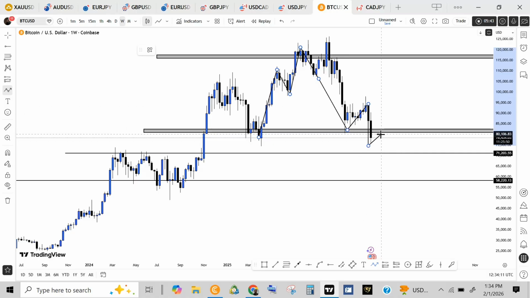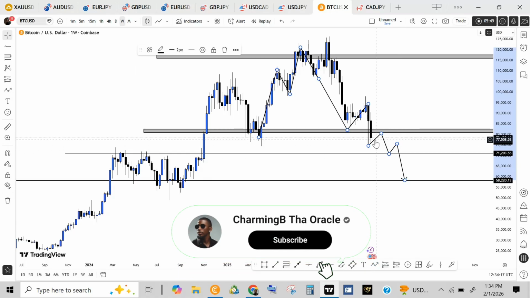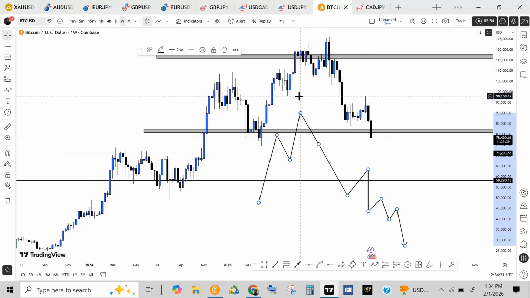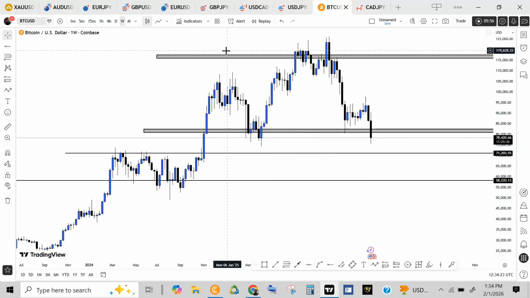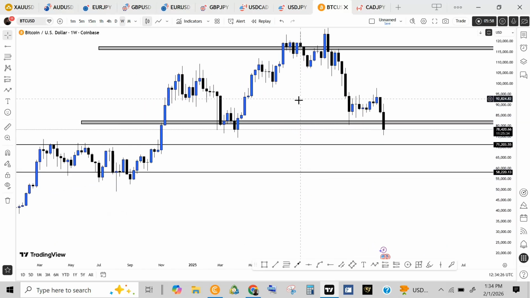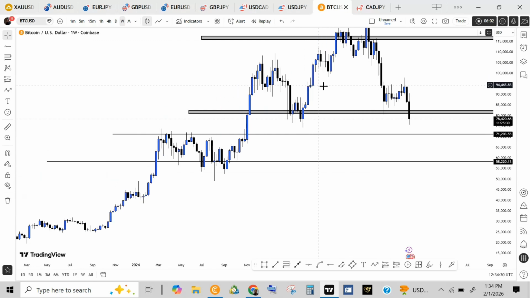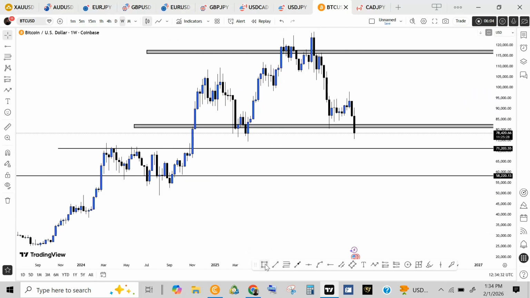So I'm expecting something like this to continue downwards. You get it? I'm expecting something like this to keep happening. Now, with that information in mind, I would bring out some structures, support and resistance levels again.